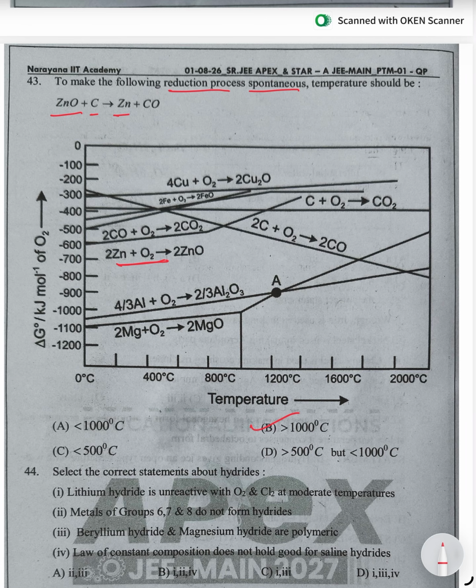Above 1000 degrees means here is zinc oxide, here carbon is there, right? So above this part, it becomes zinc oxide reduced. So above 1000 degrees, carbon can reduce it.